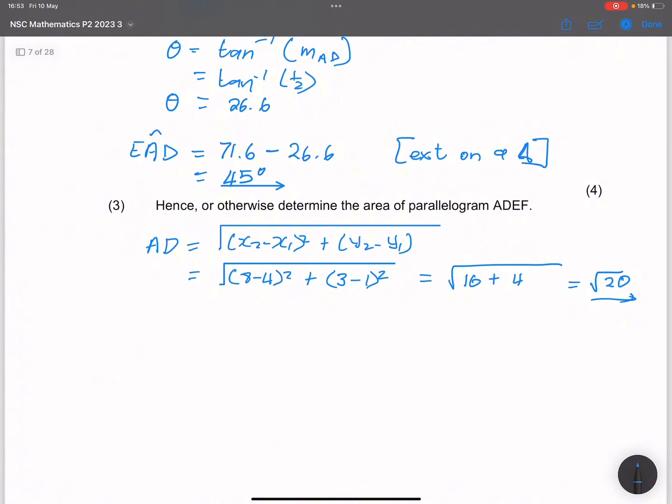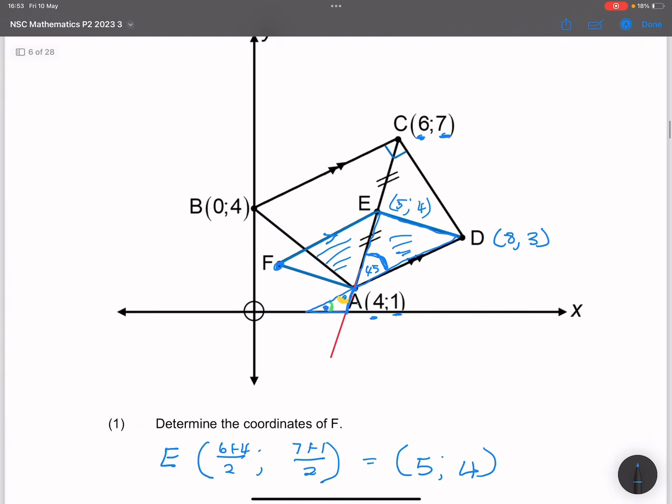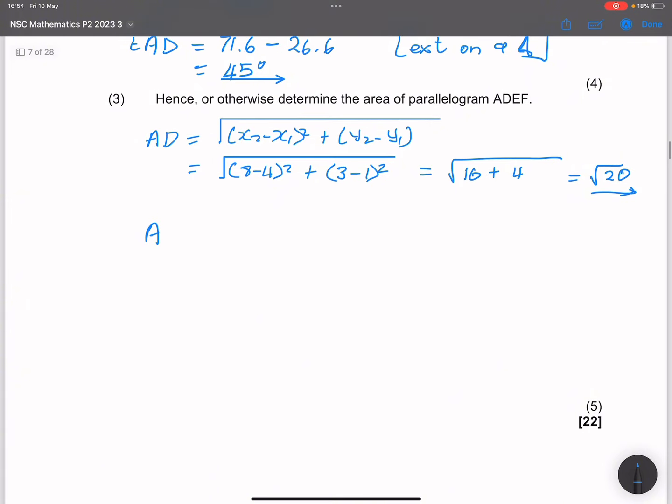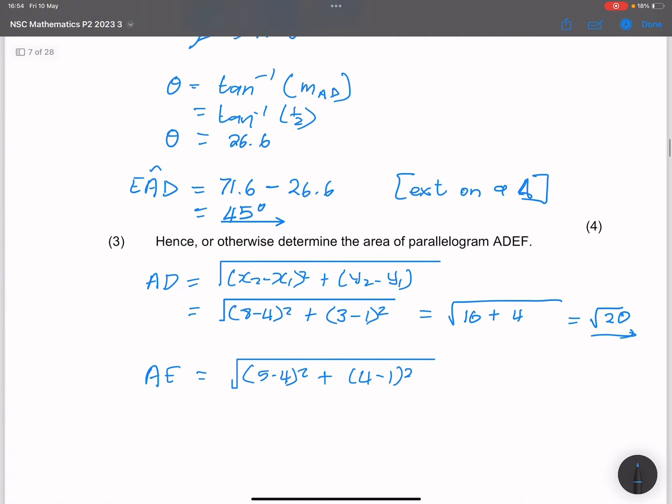And then we look for the length of, we said AE, right? So that would be 5 minus 4 and 4 minus 1. Okay, so we'll say, right, square root of 5 minus 4 squared and 4 minus 1, that's the corresponding y values. Let's just make sure that we are correct there.